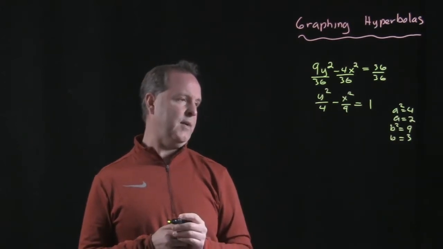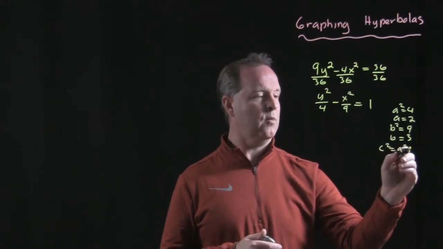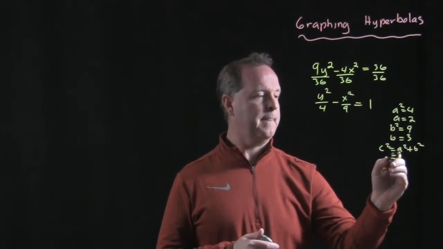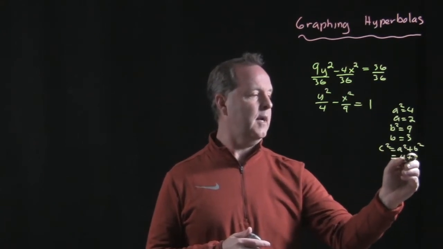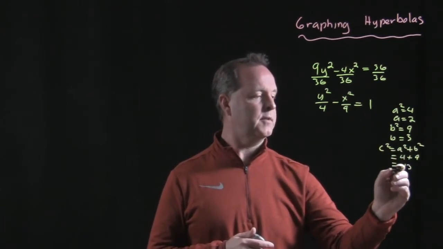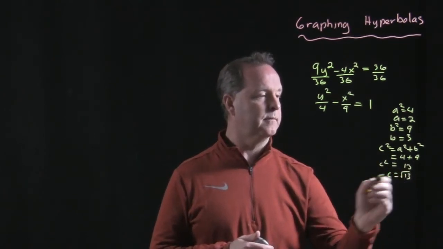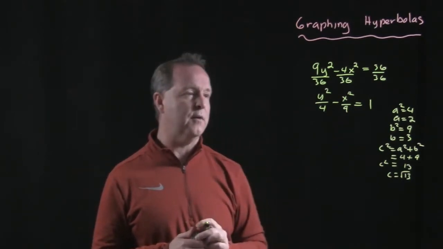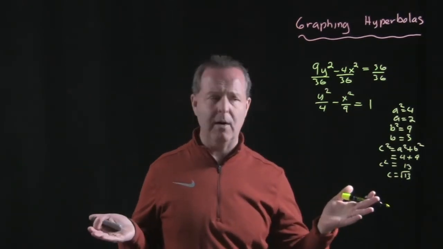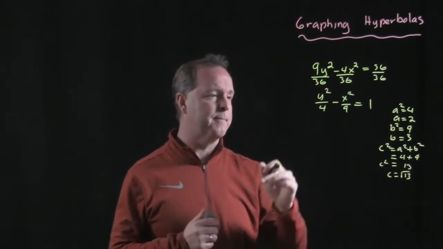And while we're at it, we can find c squared too, because we know c squared equals a squared plus b squared. a squared is 4, b squared is 9, so c squared equals 13. c equals root 13. All right, so we just did a quick track down of all the little things we know. I don't know if we're going to use them all. I just like the fact that we can find them, and if we need them later, we have them.